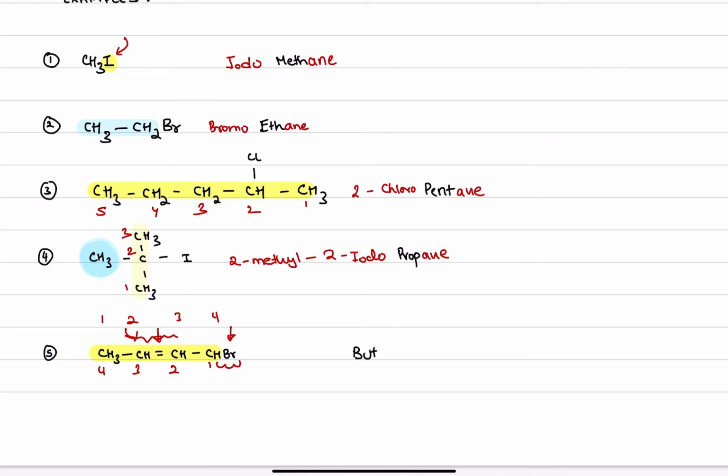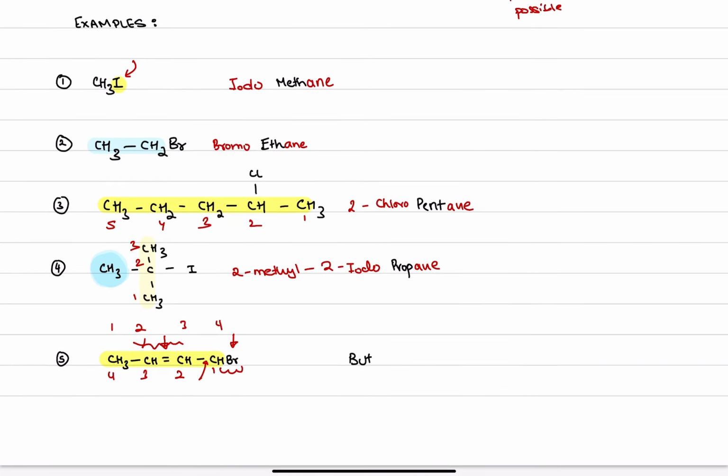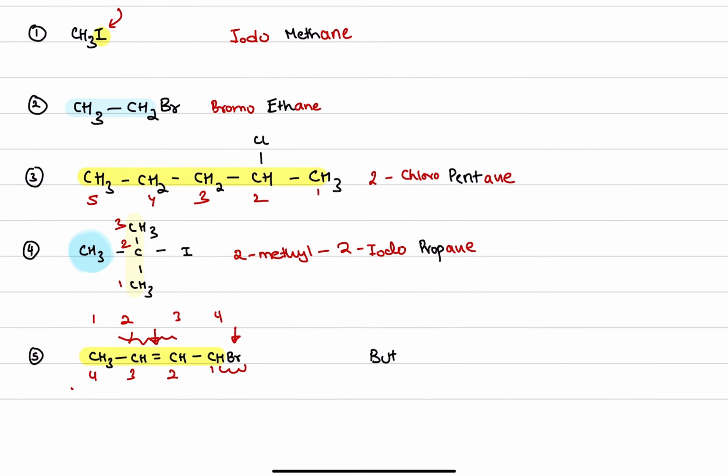You could say the carbon which is involved in the double bond will get number 2 in either of these numberings. But in the numbering below, you are also giving preference to this carbon which has bromine attached. So I think it would be more suitable to decide on this lower numbering rather than the above one, because this gives the lower number to each of the carbons which are having these functional groups attached.